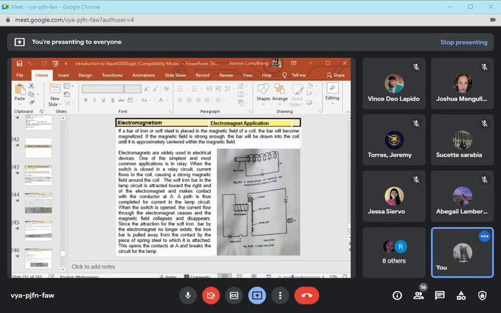So that's why if this is a closed circuit, then for sure it will cause a strong magnetic field. But when the circuit is opened or there's a break, then it will cease. It will disappear, it will break the force.